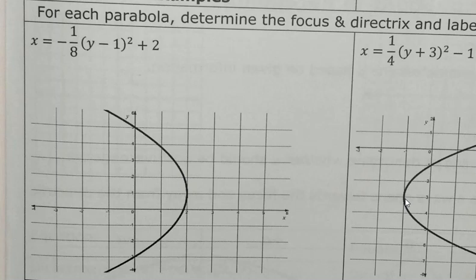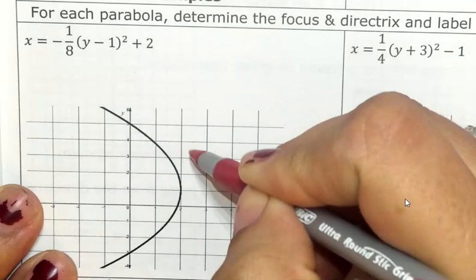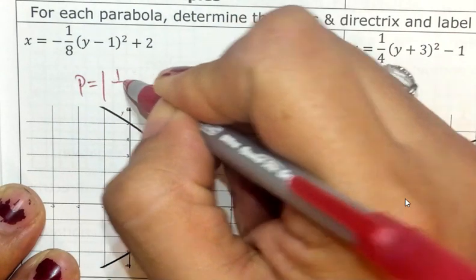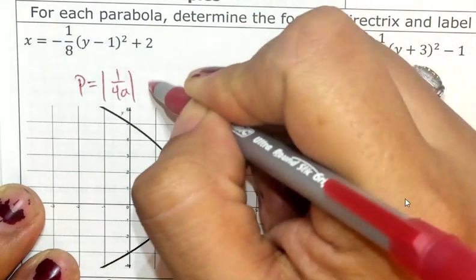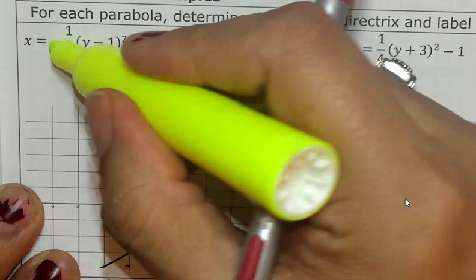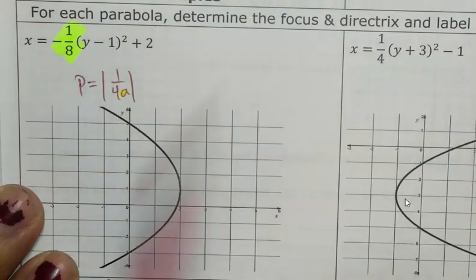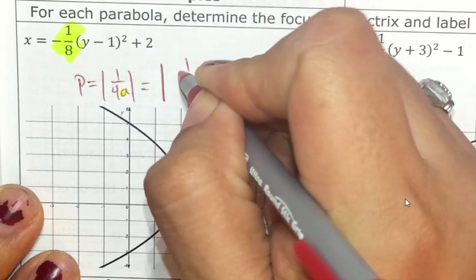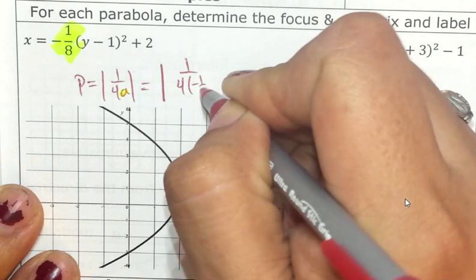The first one, we identified the p-value. So absolute value of 1 over 4a. And the a was your negative 1/8. That was the a value. So then we're going to write absolute value of 1 over 4 times negative 1/8.